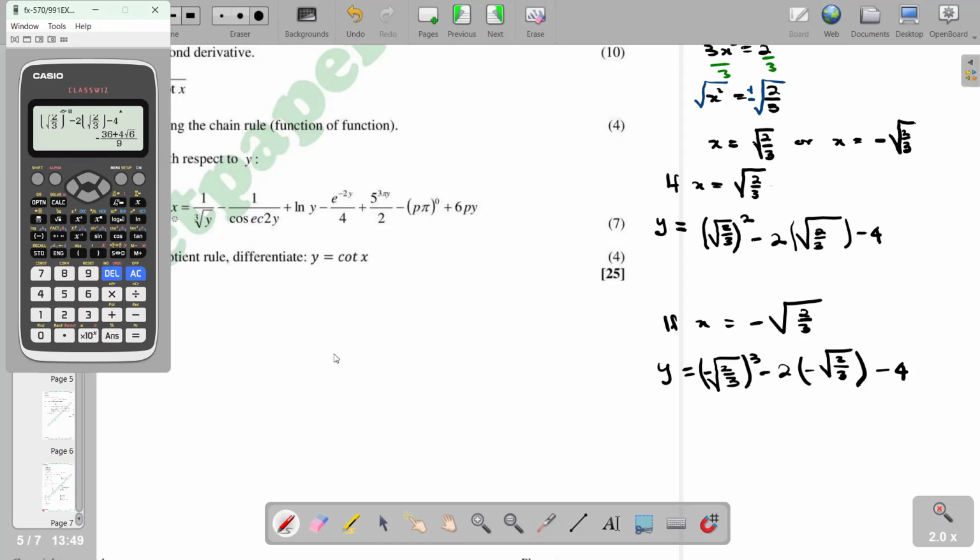Then when we are substituting the negative, it therefore means we are going to substitute a negative there. We are going to get minus 36 plus 4 root 6 over 9.